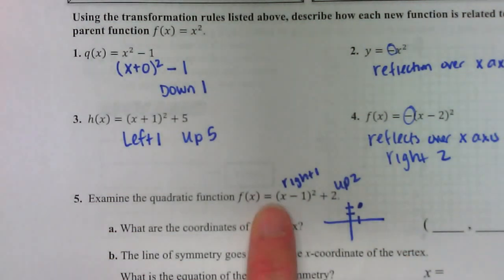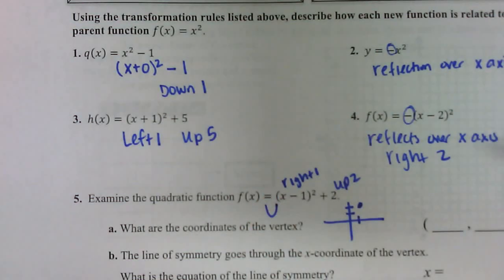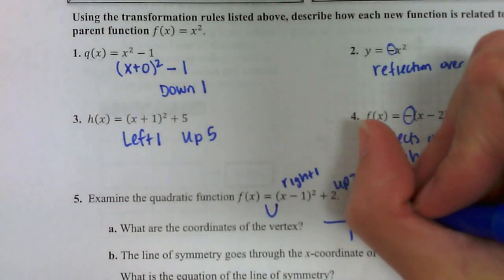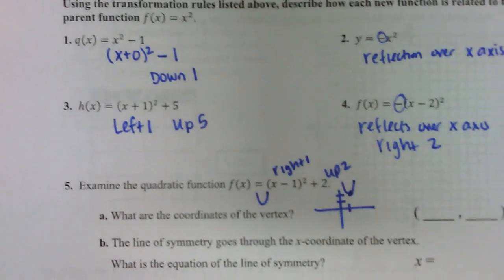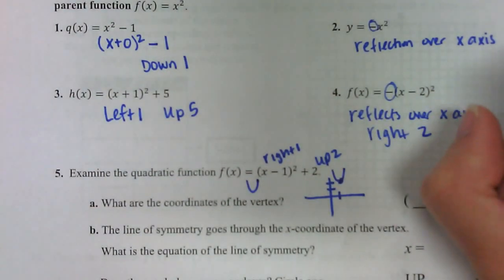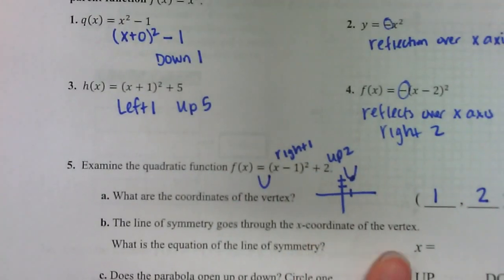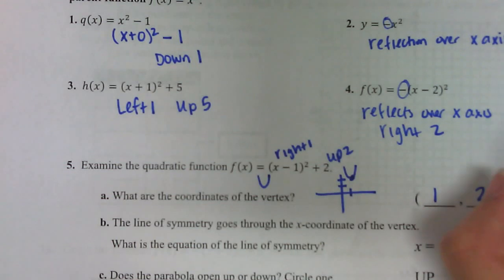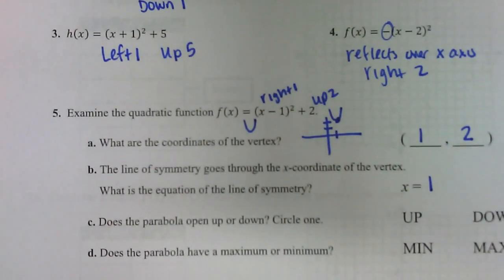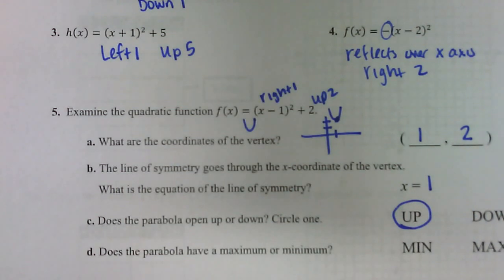Because this is a positive function, there is no negative out in front. I know my graph is going to open up or smile, right? So I know it's going to look like this. Where is my vertex? My vertex is at 1, 2. The line of symmetry is the x value of the vertex, which you guys already know, so it's x equals 1.